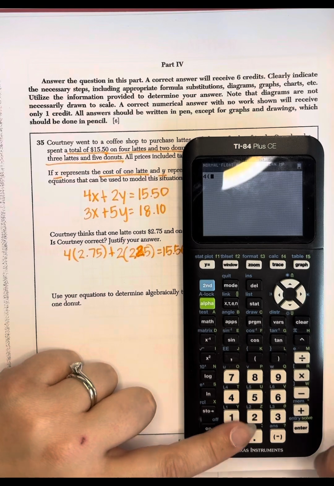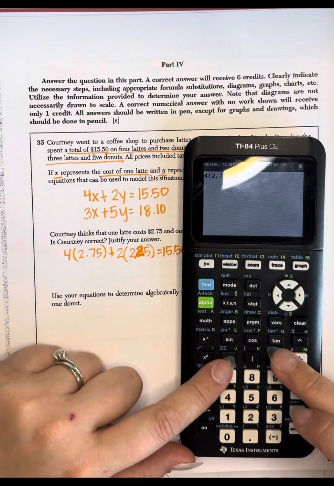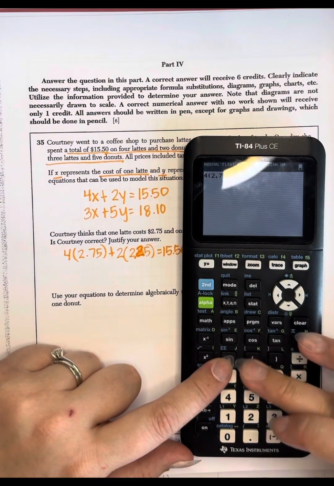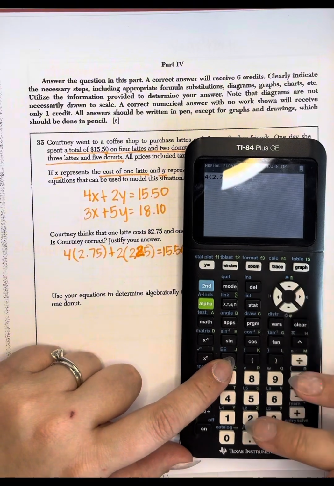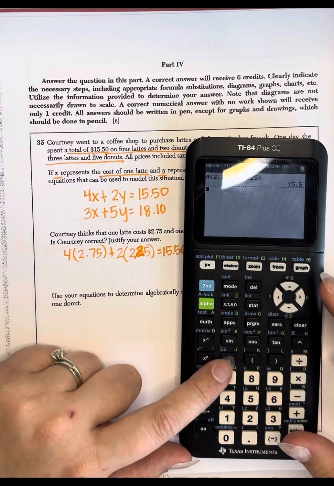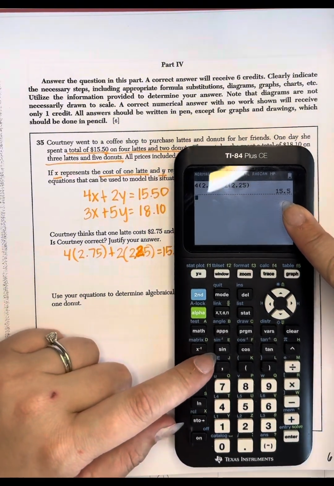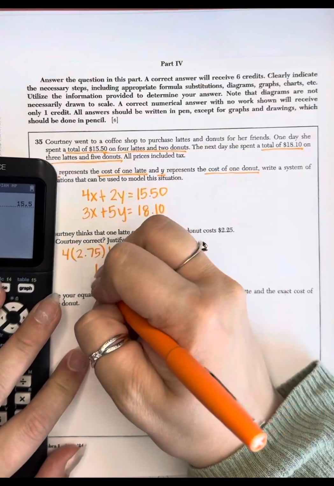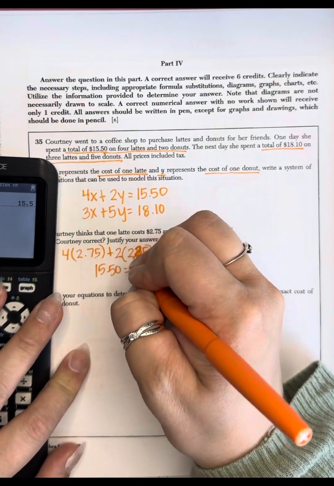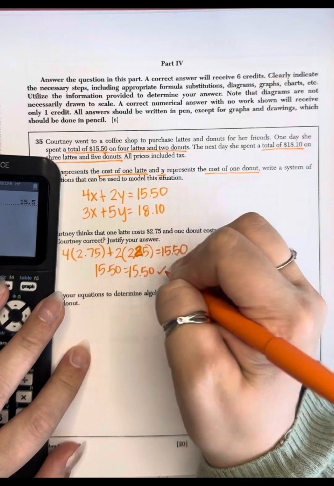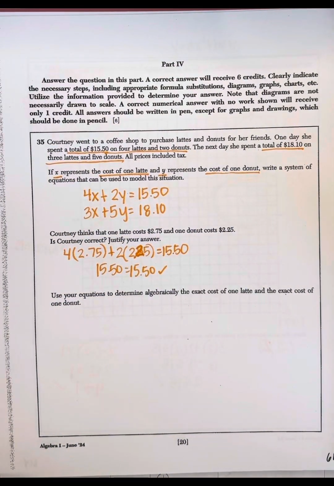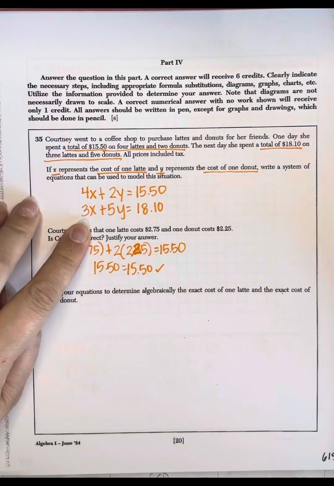4 times 2.75 plus 2 times 2.25. That does equal our $15.50. So $15.50 equals $15.50. So it does work for the first day. We do have to check the second one because it's a system.